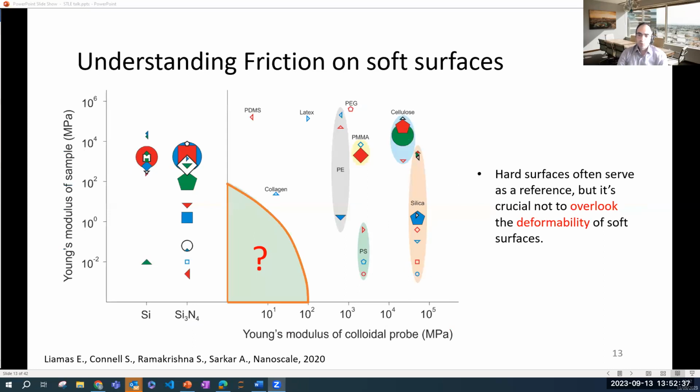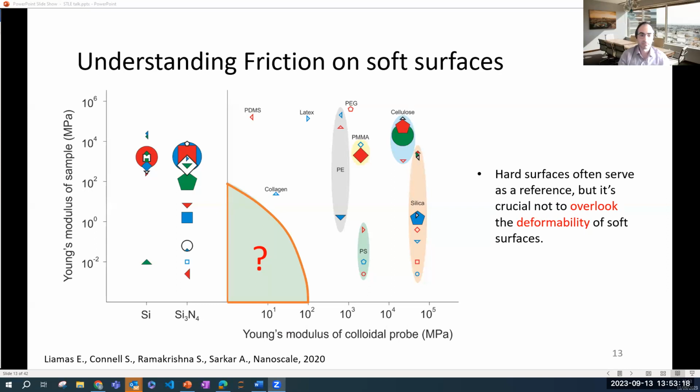In 2020, we published a review article on frictional properties of soft materials at the nanoscale, where we highlight the central role of FFM in the research. We noticed that while many studies utilized friction force microscopy to measure friction on biologically relevant surfaces, the selected surfaces, and especially the AFM probe, had mechanical properties quite different from what you usually find in biological surfaces.